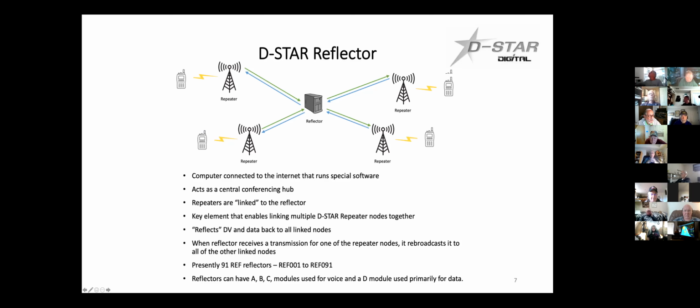And the key element that enables linking multiple D-Star repeaters together is that reflector. The reflector reflects digital voice and data back to all the link nodes. So when a reflector receives a transmission, it rebroadcasts it to all the other links that are connected to that reflector.